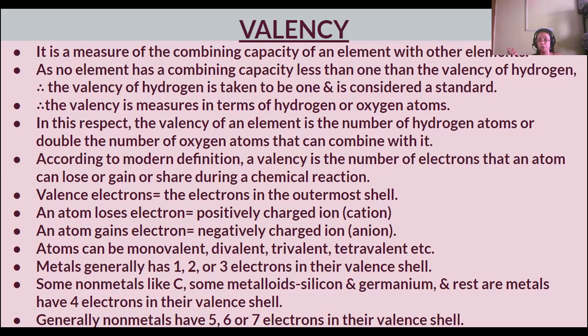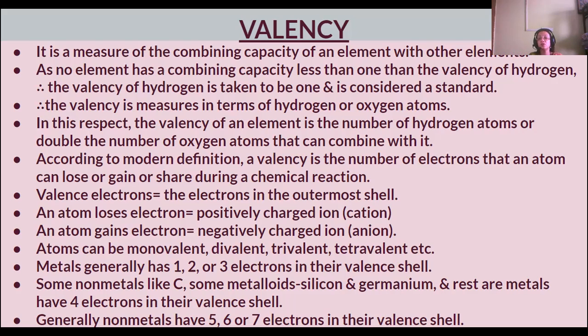So according to the modern definition, valency is the number of electrons that an atom can lose, that is, give to somebody else, or gain from somebody else, or share with somebody else during a chemical reaction.